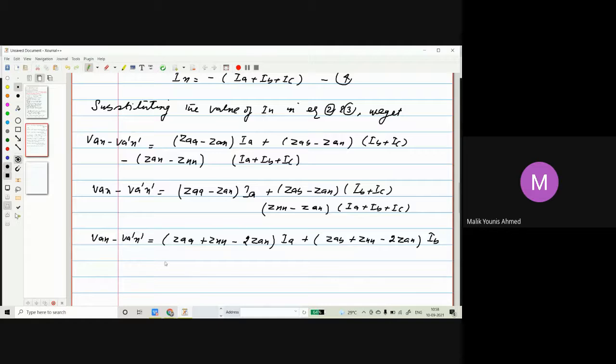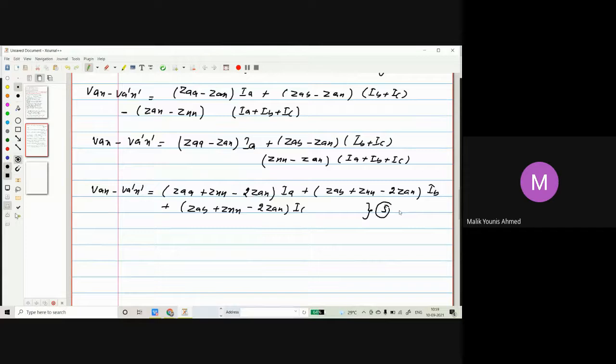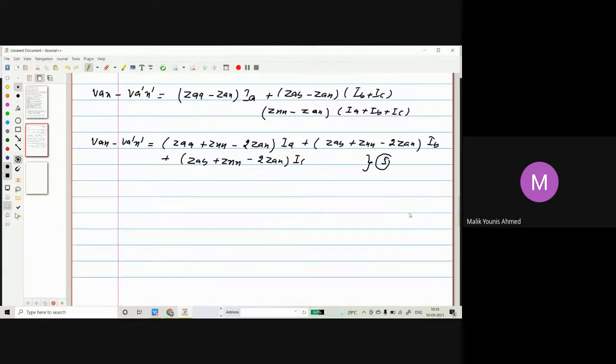And last what we are going to get, ZAB plus ZNN, ZNN minus 2 ZAN for IC. So let's call this equation number 5. So after simplifying, we're good. So we'll write other equations similarly. We don't have to evaluate them also.